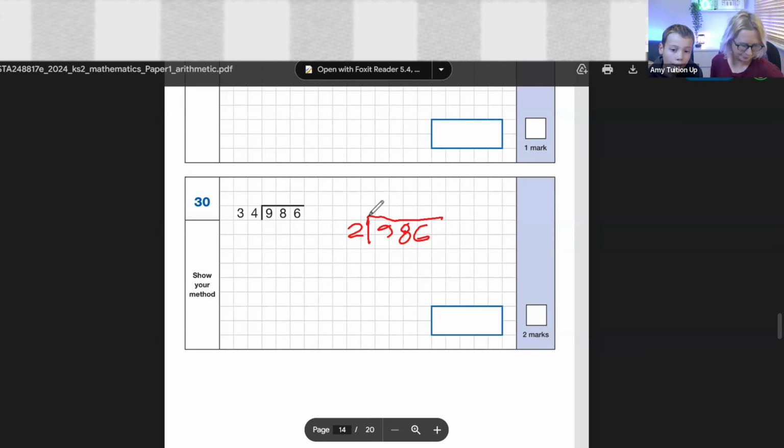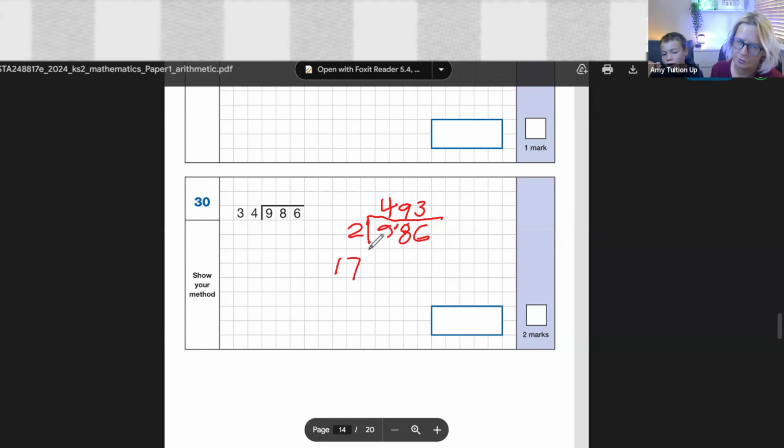So if you choose something that can fit into the first number, that would be good. So 2's into 9 is 4, remainder 1. I tell you what, let me write it. You talk the maths. And then 2's into 18 are 9, and then 2's into 6 are 3.